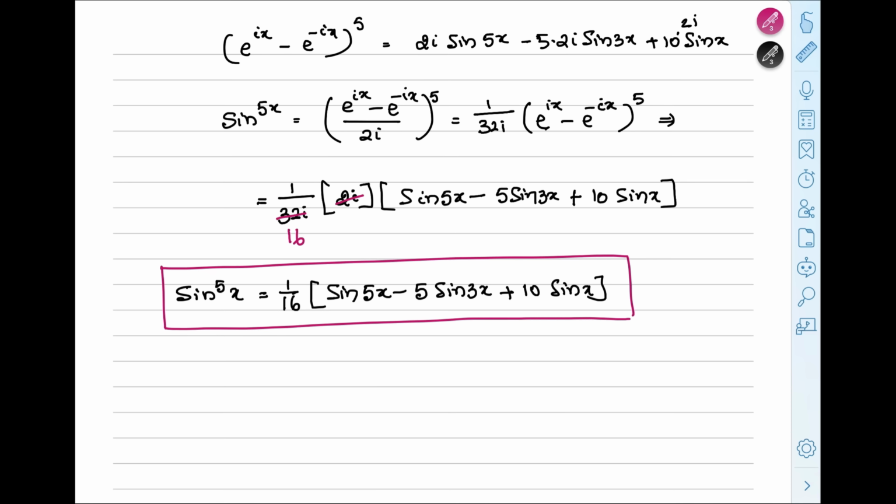Now 90% of your problem is solved. Now what we have to do is, it is an ordinary simple integral. We will find out that value very easily.